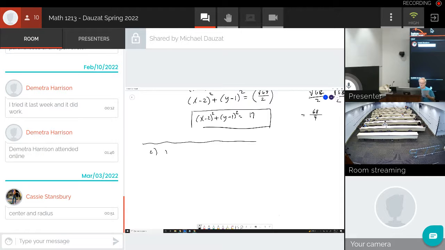A circle has center 8, -2, and contains the point -1, 4. All right, you want to find the standard form of the equation of a circle.